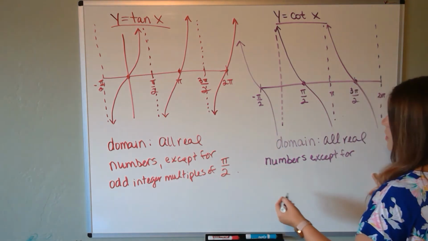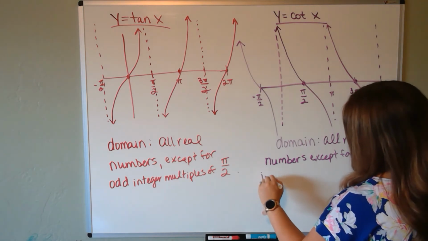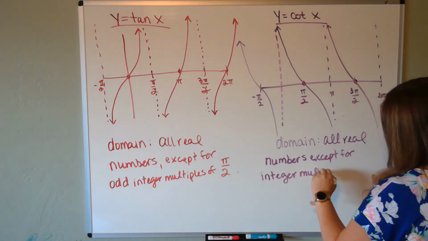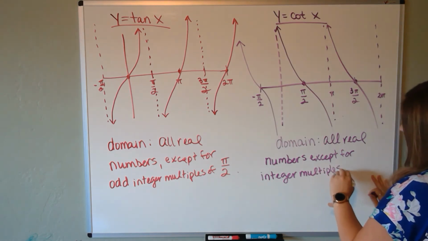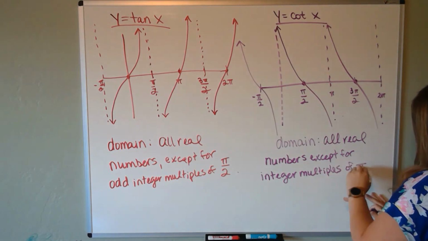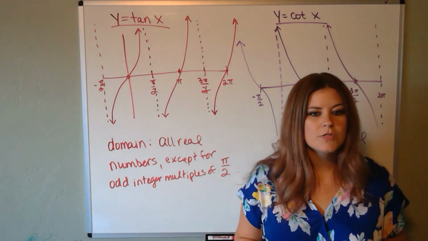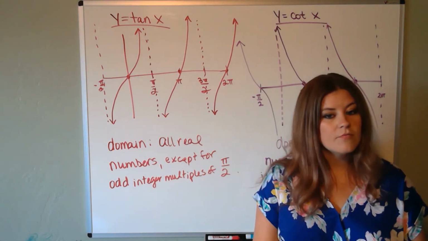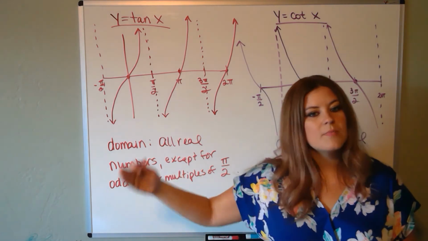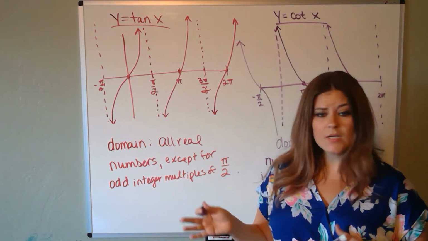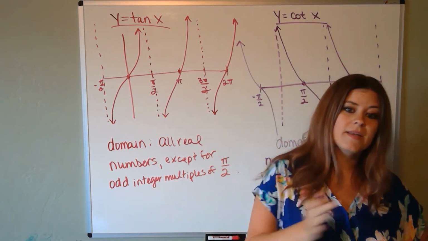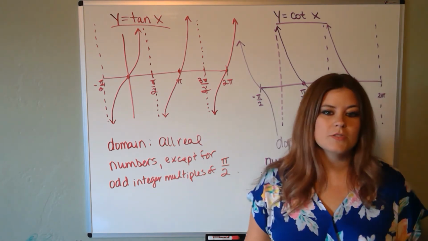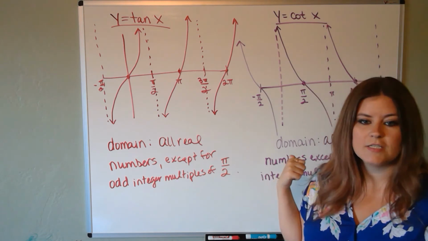So what I say is all real numbers except for integer multiples of pi. So what does it mean to be an integer multiple of pi? It means to put an integer in front of pi, a whole number in front of pi. So 1 pi, 2 pi, 3 pi, 4 pi, negative pi, negative 2 pi, negative 3 pi. Notice all of those are integer multiples of pi. That's where cotangent's going to have a problem.